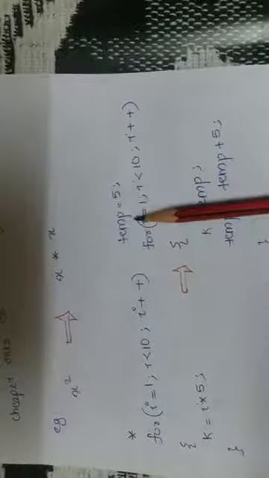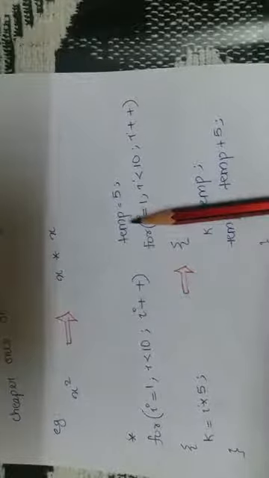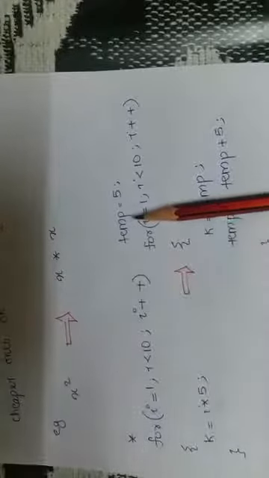See the example here: for I is equal to 1, I less than 10, I plus plus, K is equal to I into 5. Here you can see that it is replaced by a variable temp. You are introducing a variable temp, and the value 5 is assigned to that variable temp.